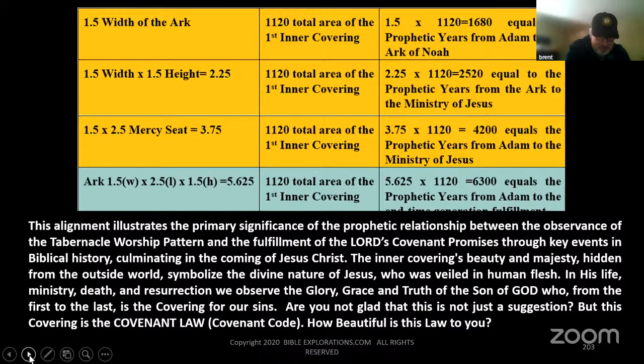I won't get into it much here; I'll talk a little more about it tomorrow. But when they talk about the handwriting of ordinances being nailed to the cross, and people perceive this in a negative way about the ceremonial laws, well, archaeology has found in the last 50 years the handwriting ordinance in Greek, which is the certificate of your debt.